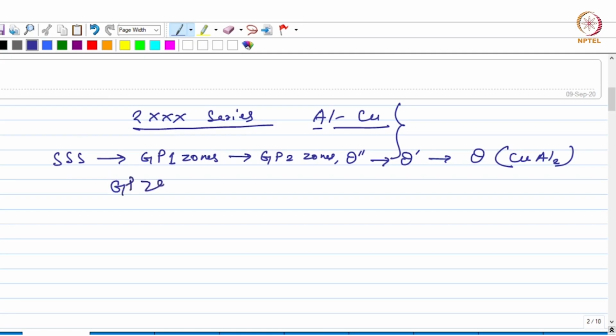GP zones are nothing but clusters of copper atoms, as we have discussed before. These form on a particular plane, in this case the 100 planes.